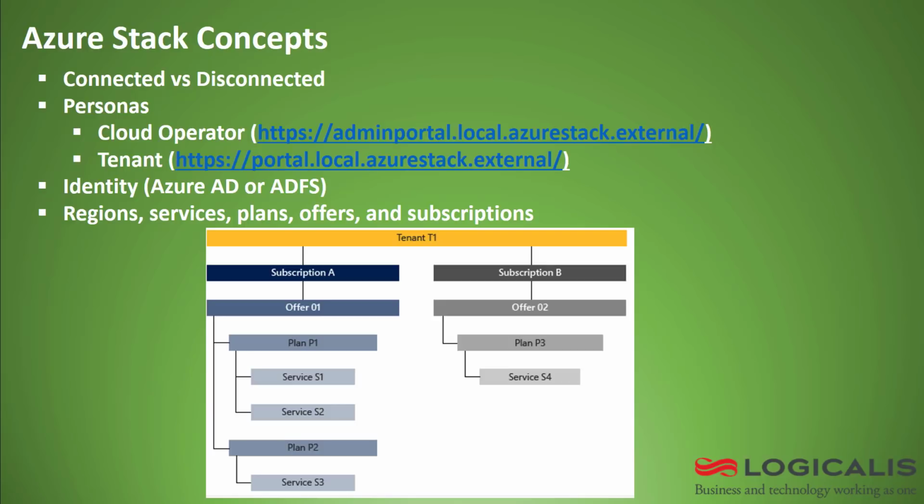On the contrary, if you are in a disconnected mode, obviously you don't have internet connectivity to Azure Active Directory, then you can use Active Directory Federation Services, which could tie back into your on-prem Active Directory in that disconnected state, and you can manage identities through that.